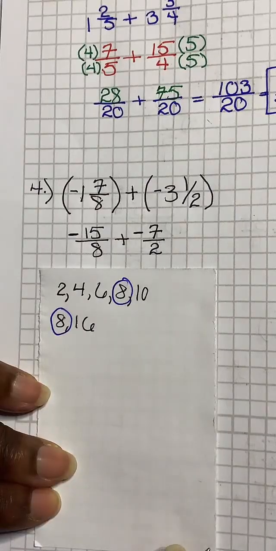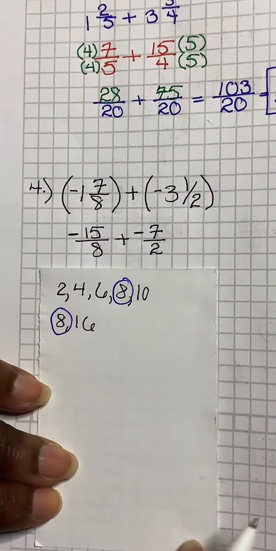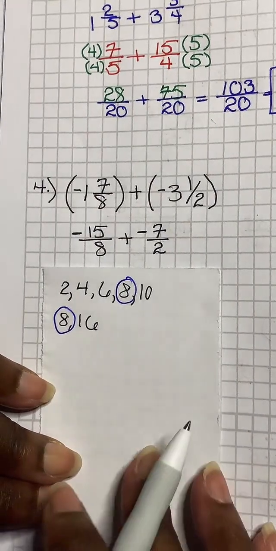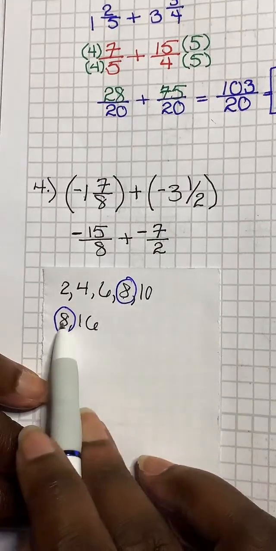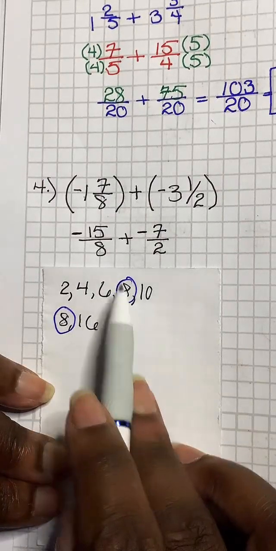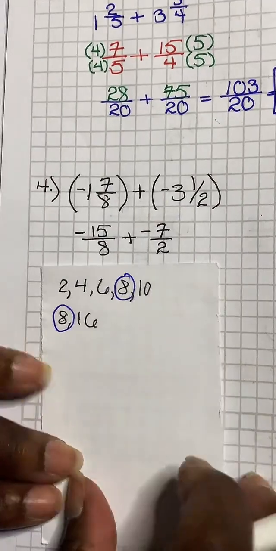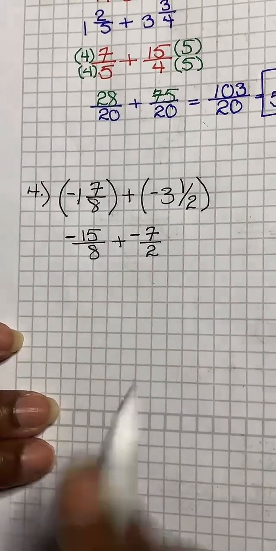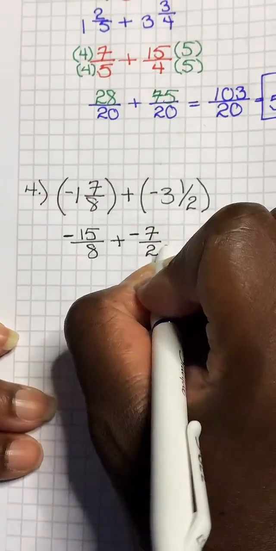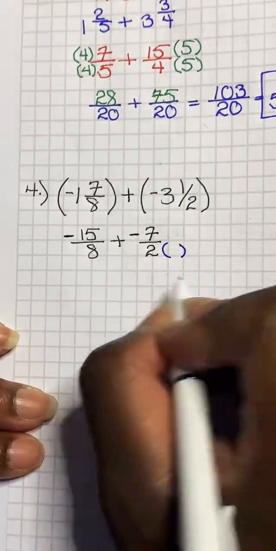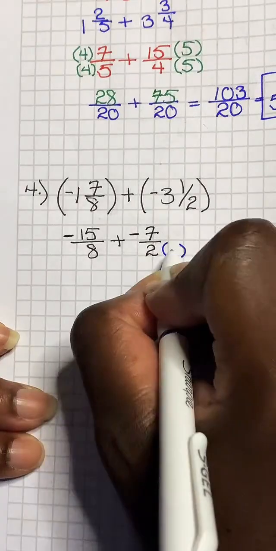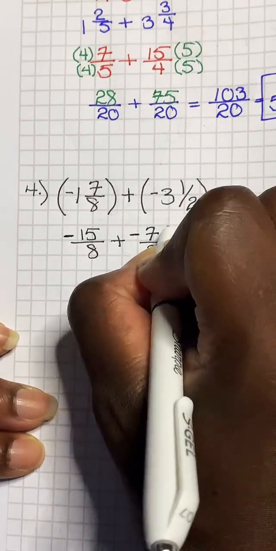The least is going to be 8, okay? We could use 16, but they both have 8 in common. So now instead of me dealing with both of the fractions, all I really need to do is deal with just one. So I need to change this 2 to an 8, so I got to multiply by 4.